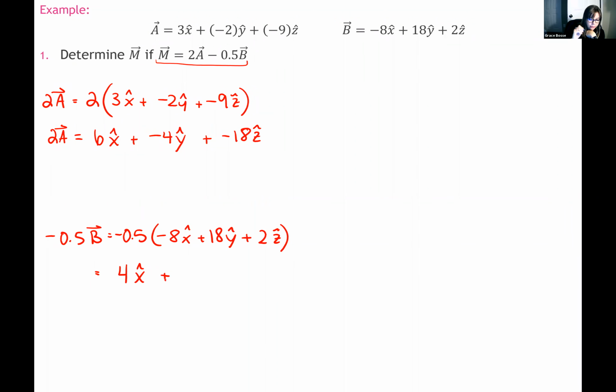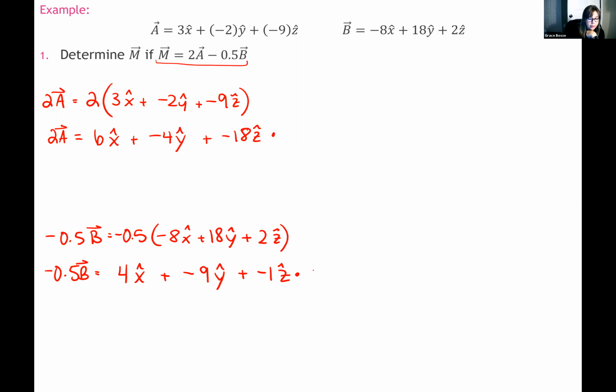Now I have negative 0.5 times 18. That'll give me negative 9y hat. And then negative 0.5 times positive 2 is going to be negative 1 times z hat. You don't even have to write the 1 in there. If you just want to write negative z hat, that's fine. All right, so I have those two pieces of my puzzle.